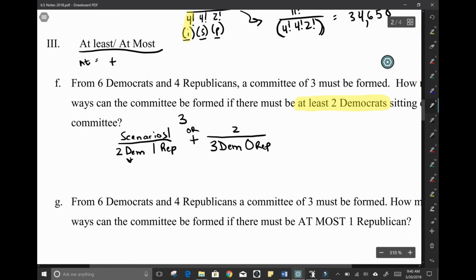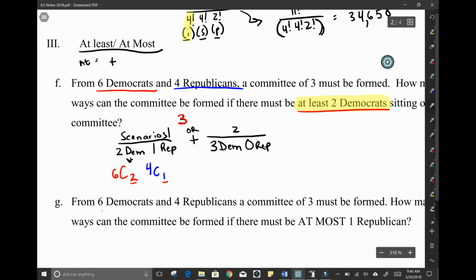Well, there are 6 of them, and I want 2. So I would have 6 choose 2. Republicans, I'm going to have 4, and I want 1 of them. These numbers on the end are always going to add up to the total number in your committee.